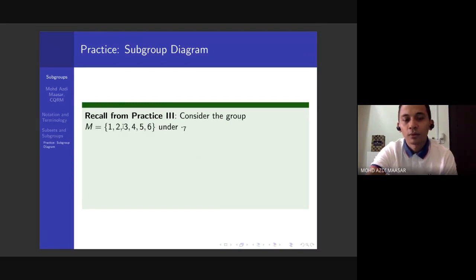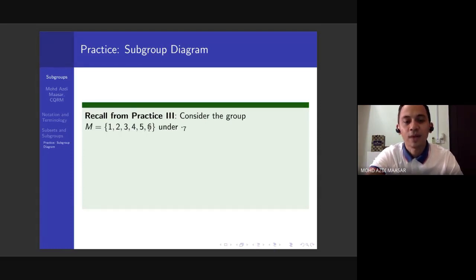For most of us who have already finished this activity, we know that multiplication modulo 7 is associative. You also need to check for closure. After you draw the table, you can see that every element in the table is also an element from this group.